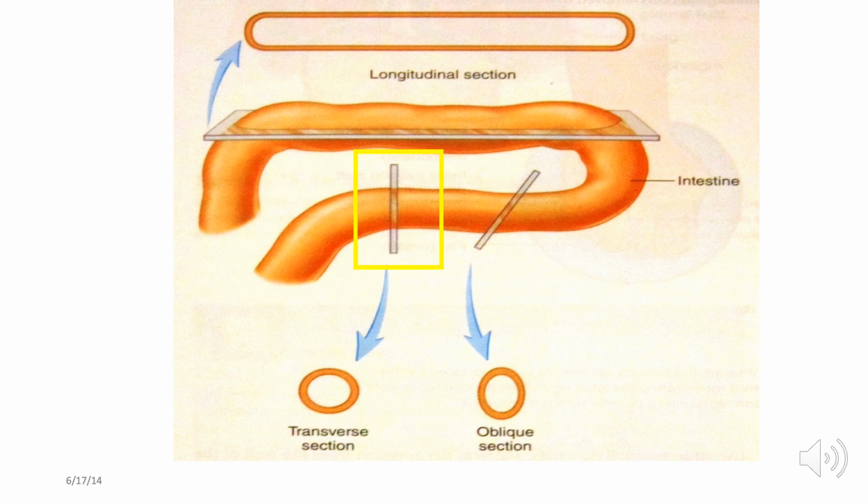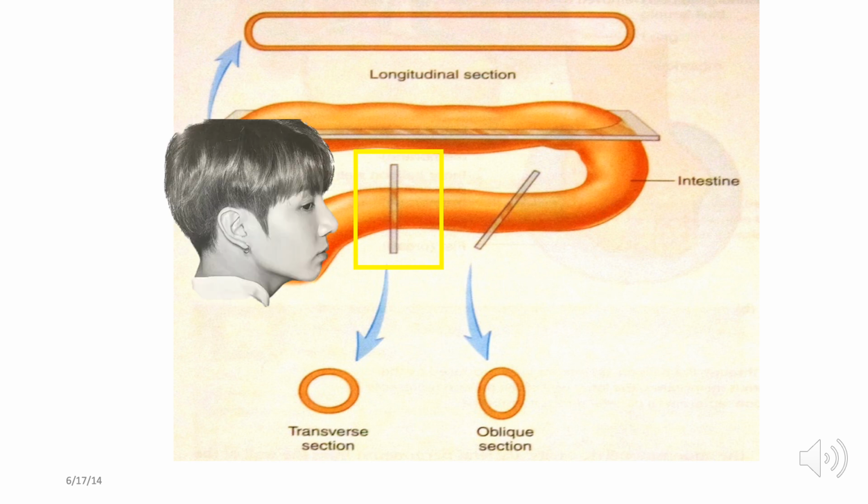Okay, so I want you all to take note that if we make a thin cut section of this organ and you look at it from the direction of the guy in the photo, let's say, for example, this organ is the appendix. We made a cross section of the appendix and we look through it from the direction of the guy in the photo.